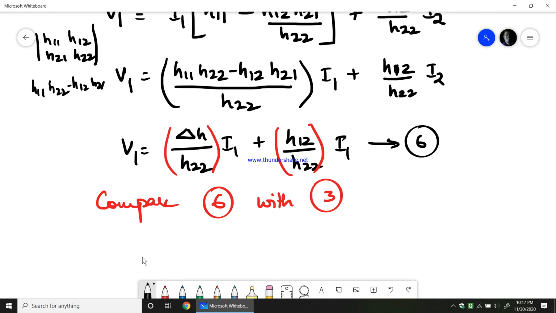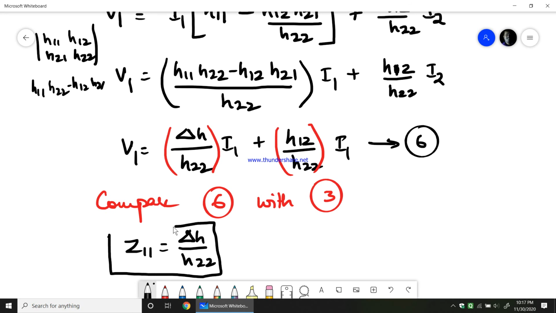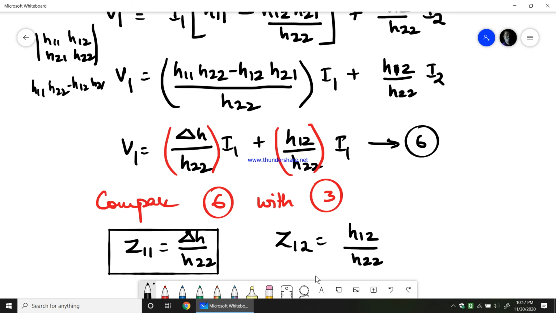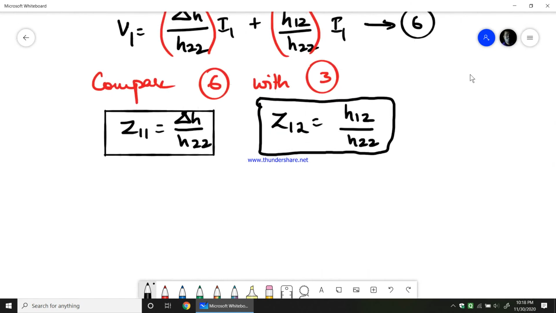I'll be getting Z11 equal to delta H by H22 and Z12 equal to H12 by H22. So this is what Z is in terms of H parameters.